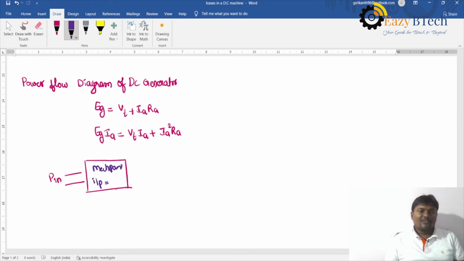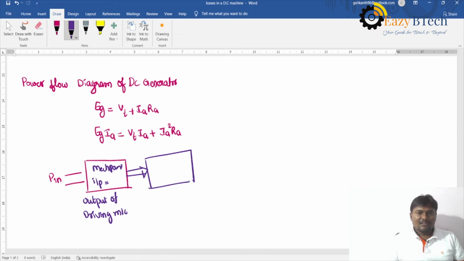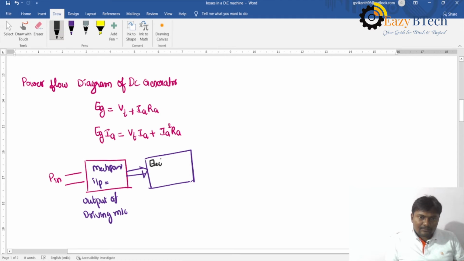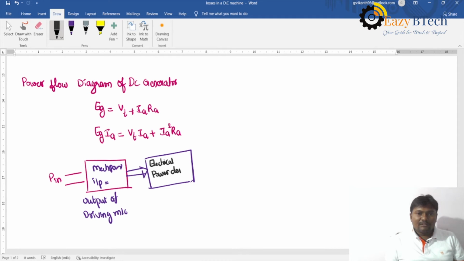This we can treat as the output of the driving machine. So that is given to the electrical power developed in the armature, that is Eg into Ia.